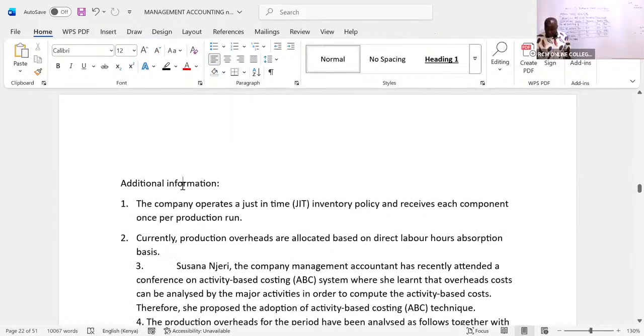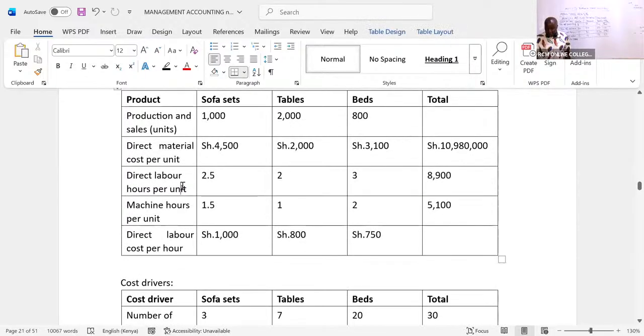So machine hours, ladies and gentlemen, if I page up, I'll be able to go to some table which is giving me their machine hours per unit. Whenever you hear that word per unit, you have to be very, very careful on ABC. Otherwise, you'll get an entire zero. Because for ABC, we want to get the machine hours for all the units that were produced.